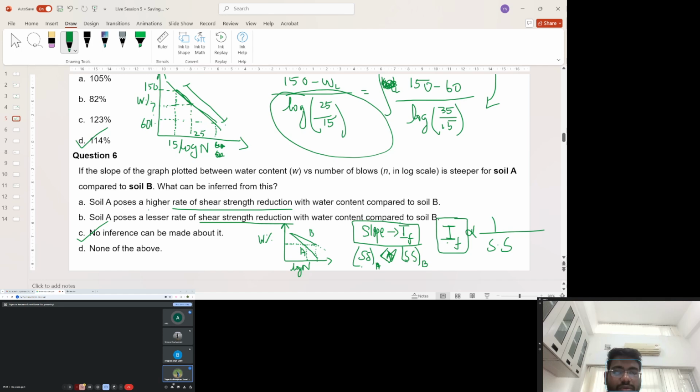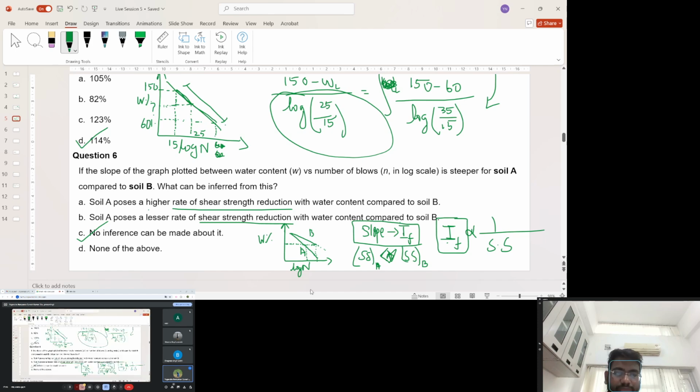You can quantify from these graphs that shear strength of A can be lesser than shear strength of B, but you cannot comment on the rate of shear strength reduction. So that is why the option would be option C. You cannot comment on how shear strength is reducing with water content here.